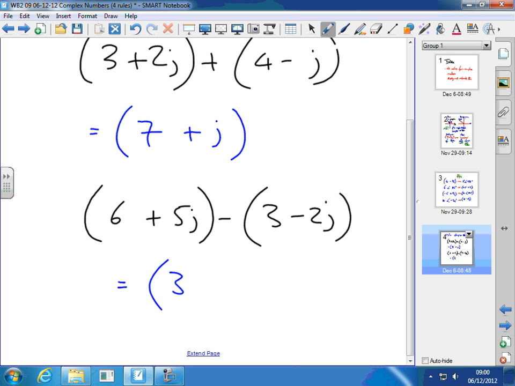Before we fall into the double negative trap, 5j minus 2j is plus 2j, so 7j. So apart from the fact that sometimes there's the double negative we've got to be aware of, and that will come, of course, when we're subtracting, then that's dead easy. Okay.